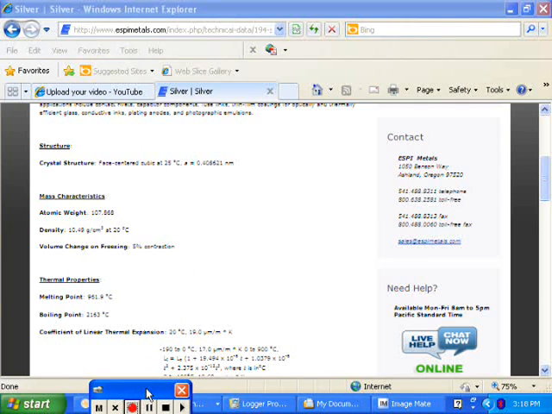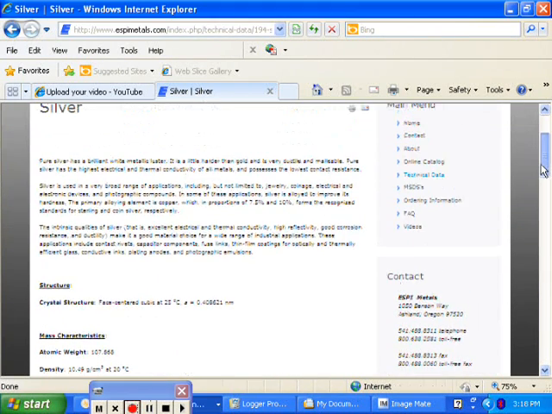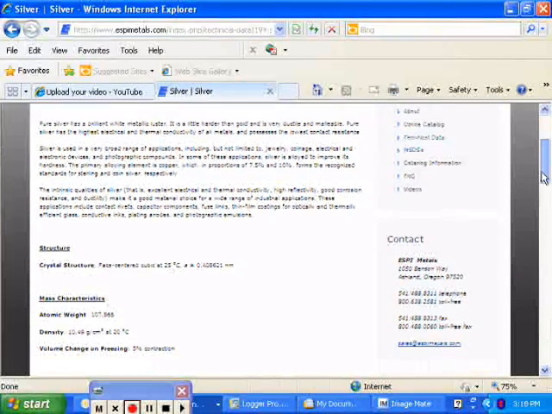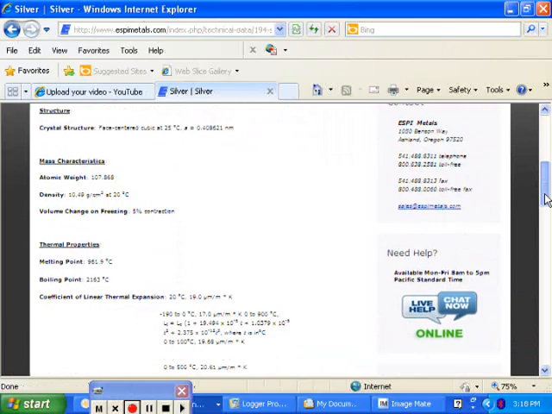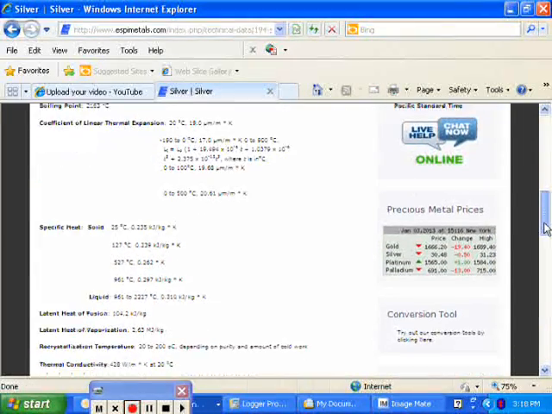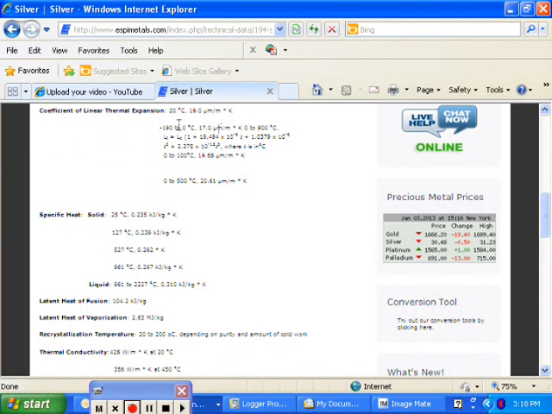Okay. This is ESPI Metals. They have a really neat thing here where it gives you the metal itself, the technical data about it, what it looks like, intrinsic qualities, the crystalline structure, atomic weight, density, thermal properties. Now, here's where things get kind of neat.